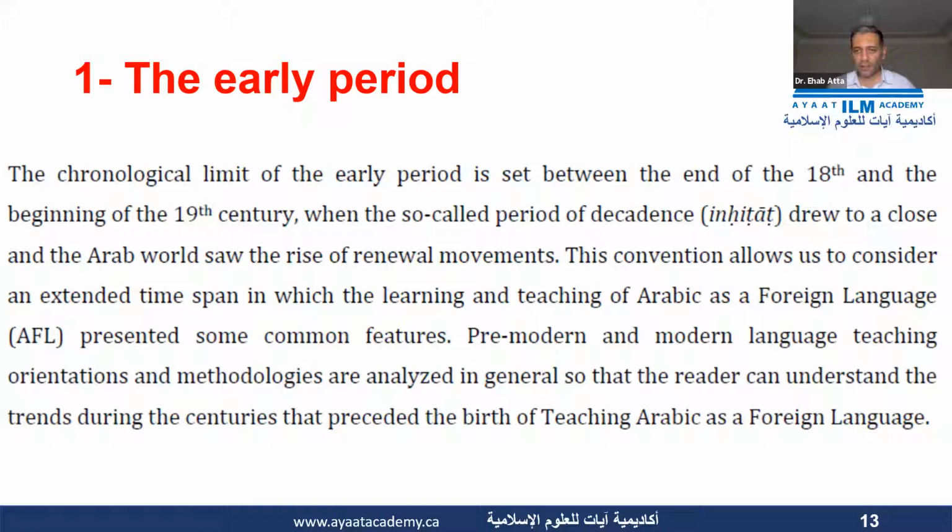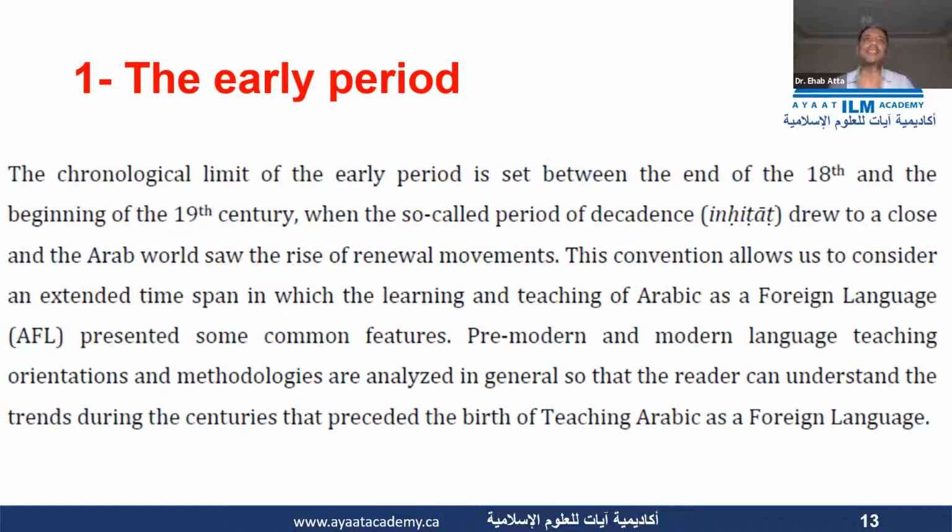Pre-modern and modern language teaching orientations and methodologies are analyzed in general so that the reader can understand the trends during the centuries that preceded the birth of teaching Arabic as a foreign language.